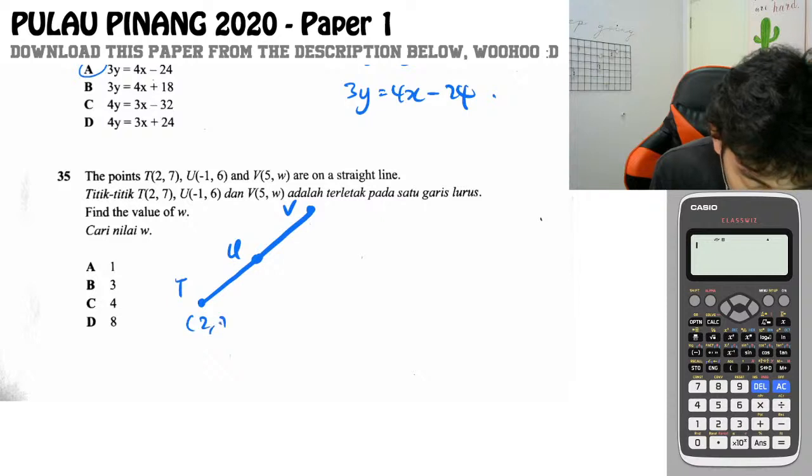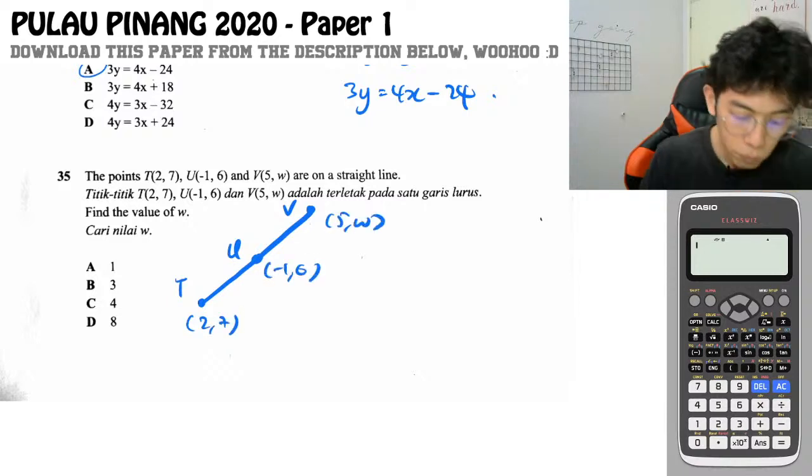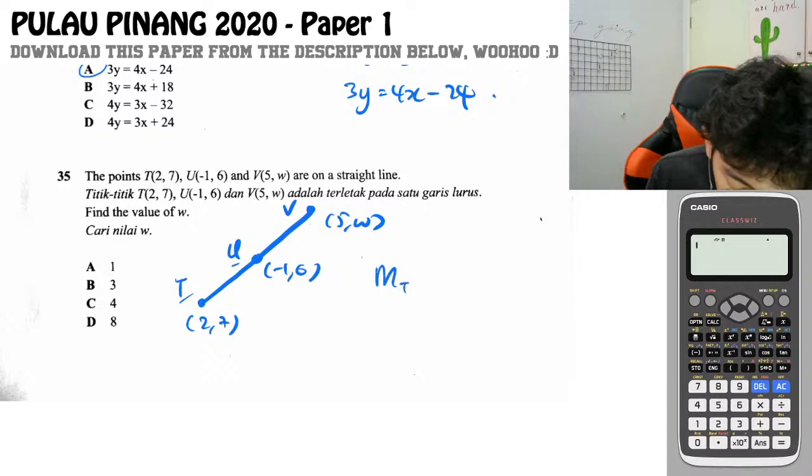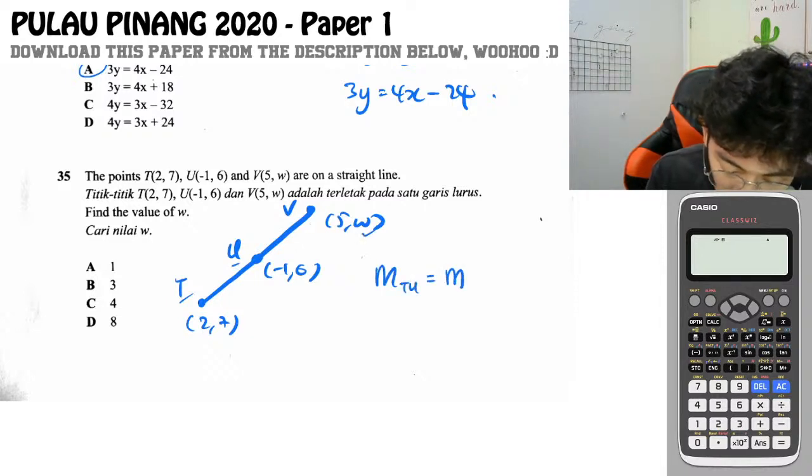Okay, 2, 7, -1, 6, 5, W, right? So let's get the gradient by using TU. As long as I fit the W inside, then I can do it already.